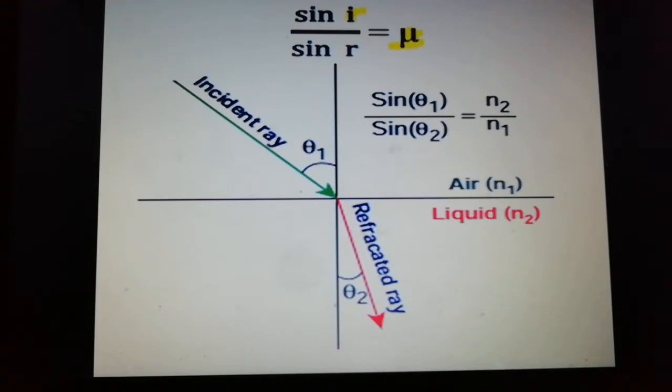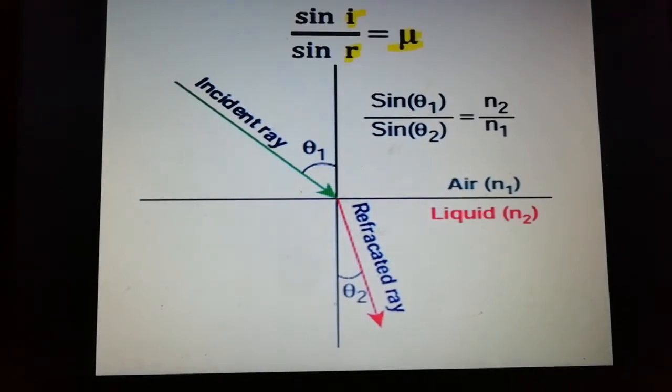Then i is the angle of incidence and r is the angle of refraction. Okay students, see the image. This is the incident ray. At this point it refracts, then moves this way.